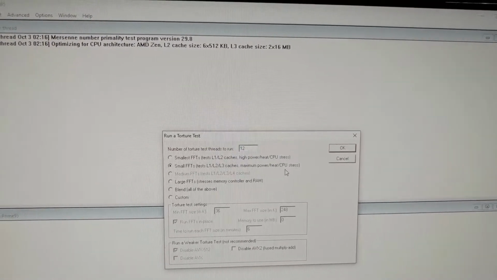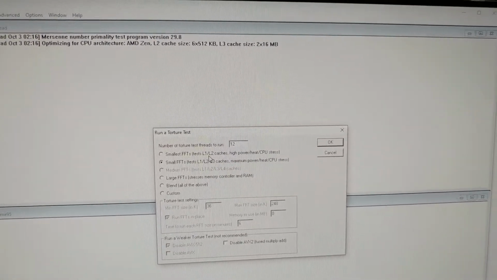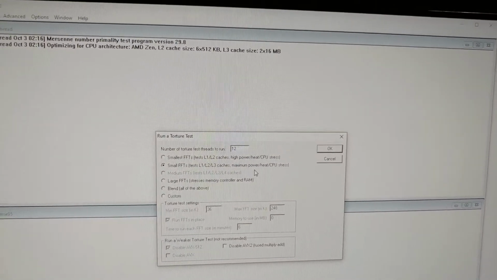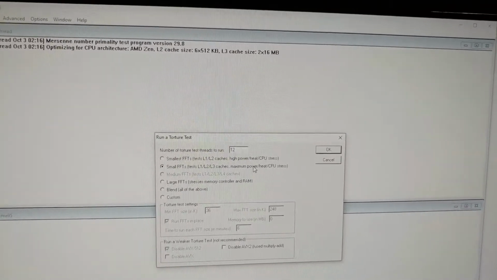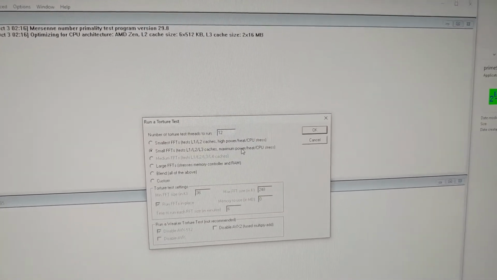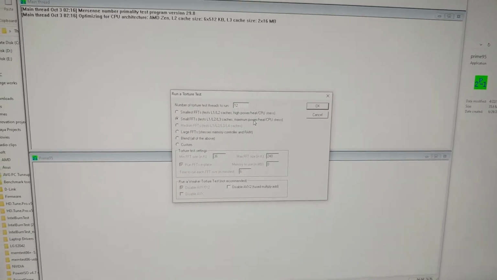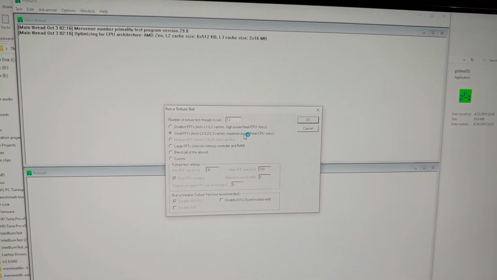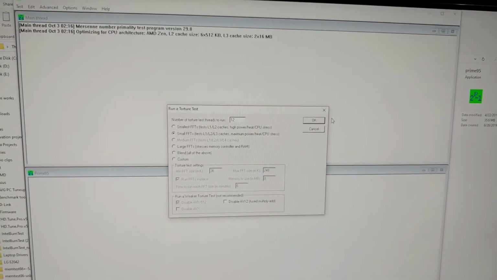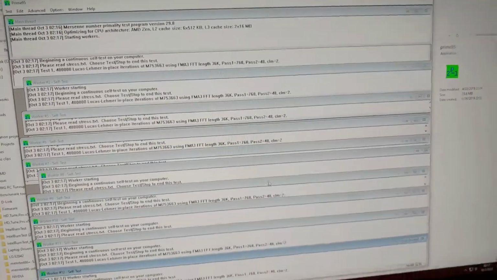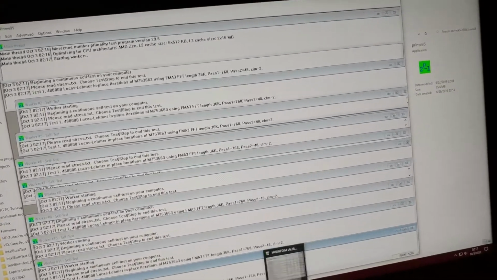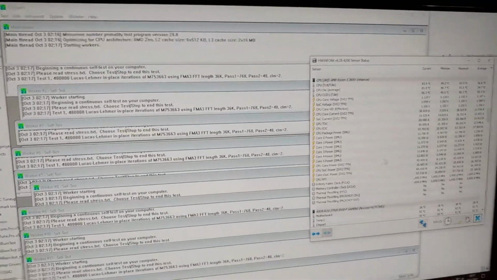So this is the highest amount of stress test you can possibly do with the software. Just run it and see how well it goes for both the temperatures as well as the stability.